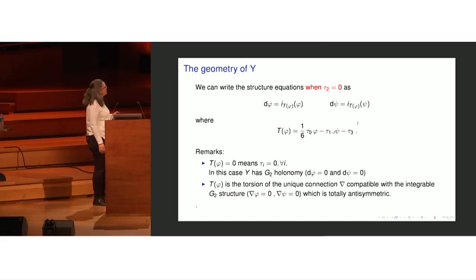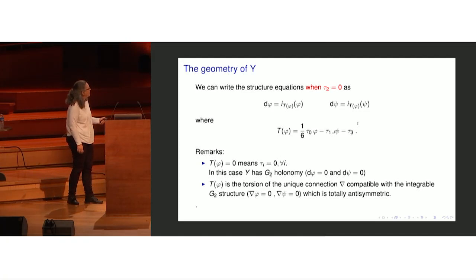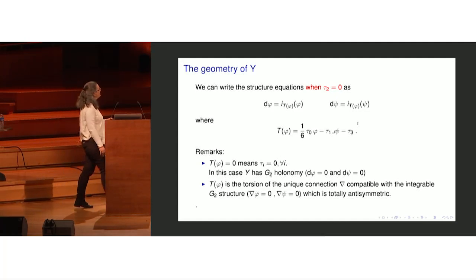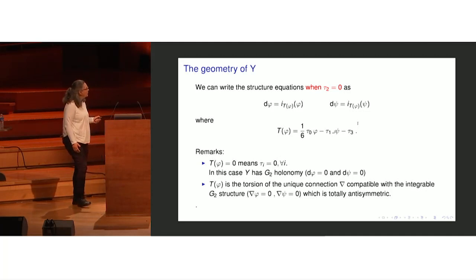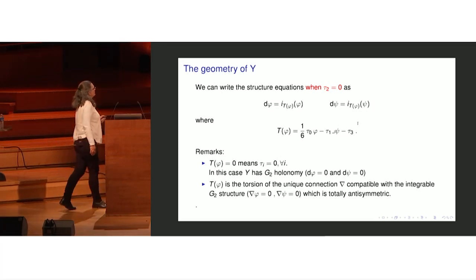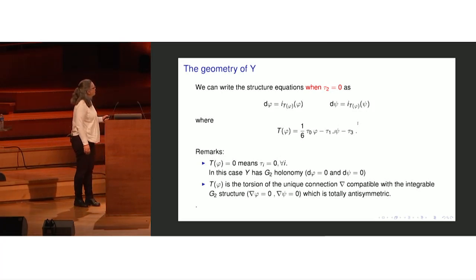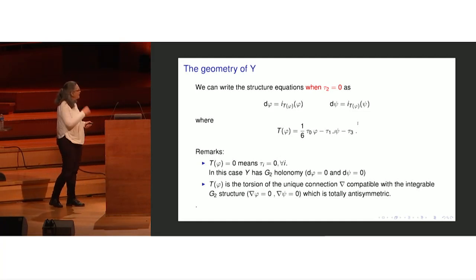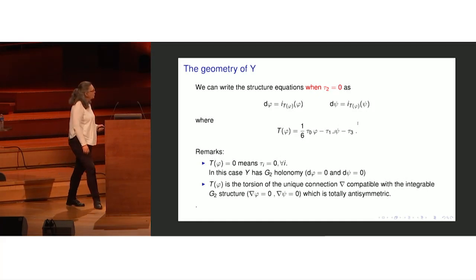One can check that if this T is 0, then all the torsion classes are 0, because they vanish independently, as they are in different irreducible representations of G2. In this case, you end up with a manifold with G2 holonomy, which is analogous to a Calabi-Yau manifold in 6 dimensions. This T I'm going to call the torsion, and it is the torsion of the unique connection compatible with the integrable G2 structure, which is totally antisymmetric.